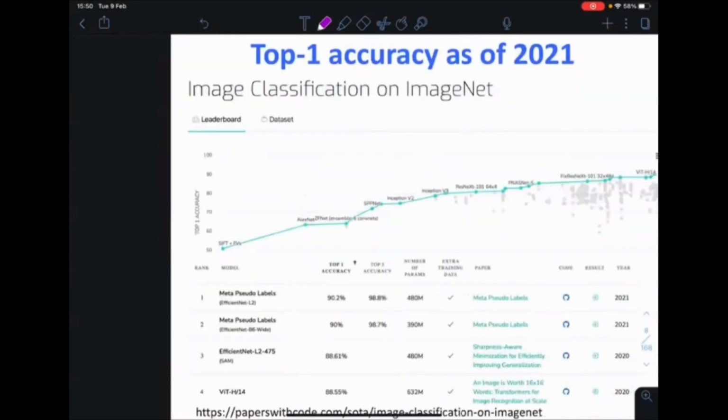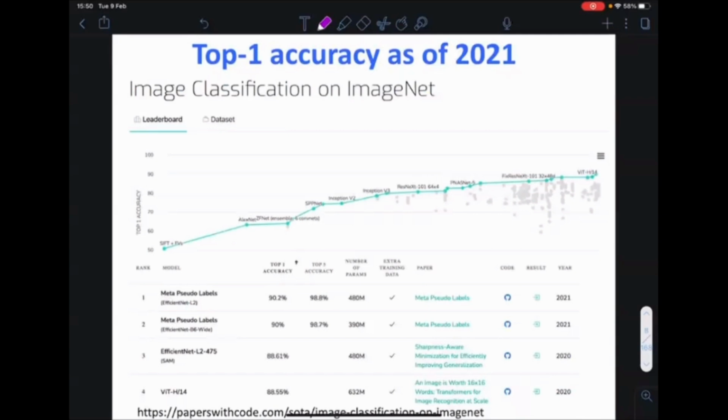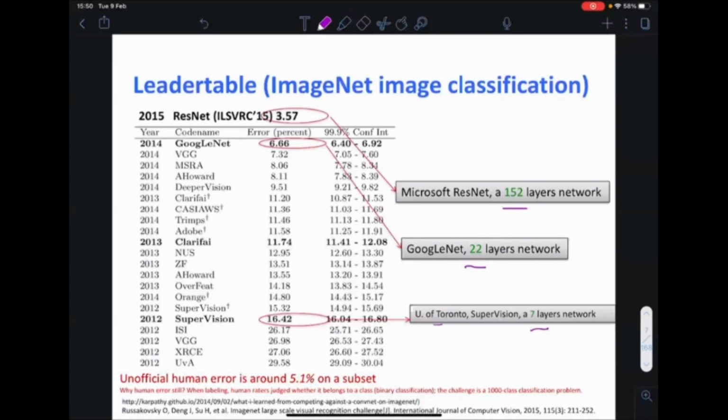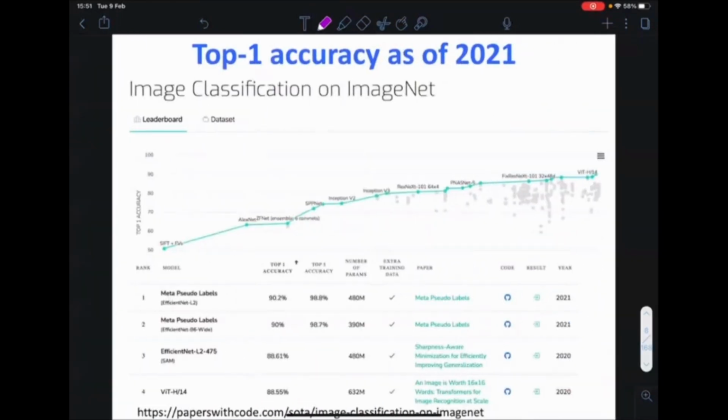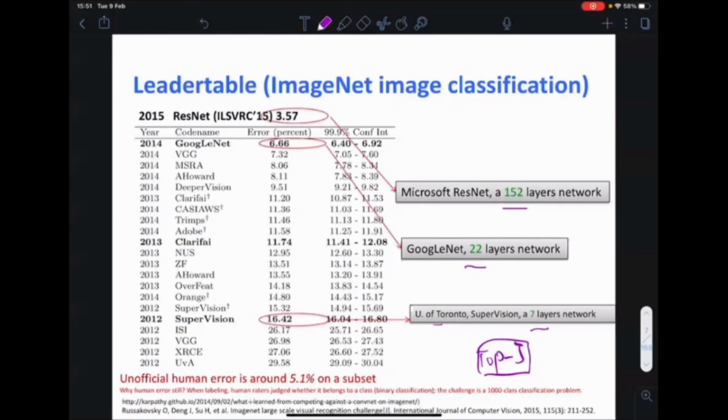These improvements, this is what I got yesterday. If you look at ImageNet nowadays, by the way, these are the top 5 accuracy. When I say these errors or this accuracy, they are top 5, meaning that for each label, as long as one of my top 5 predictions is correct, I will be correct.